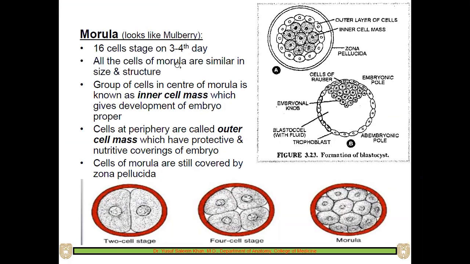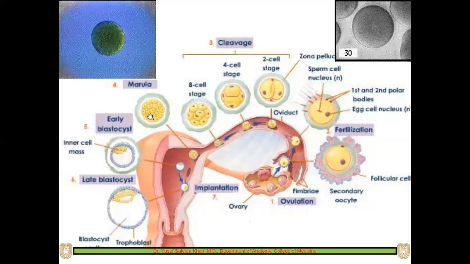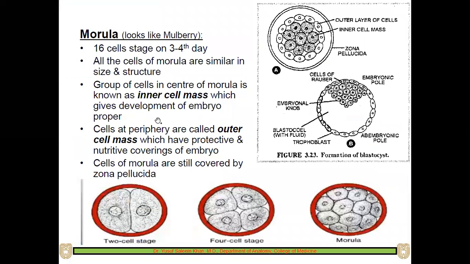Now all the cells of the morula are similar in size and structure. As you can see here, all the cells are at equal stages, and around them is the zona pellucida. Remember, as I said, the zona pellucida is very important. Still the zona pellucida is there, and these cells at the 16 cell stage, called a morula, are all equal cells.